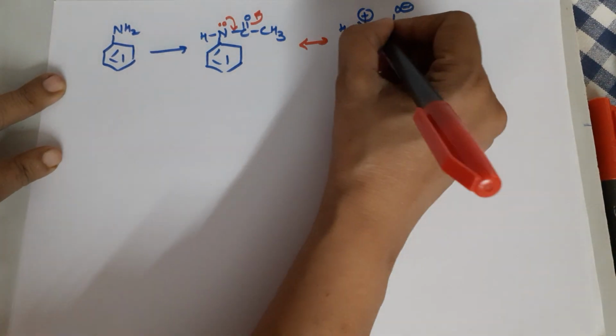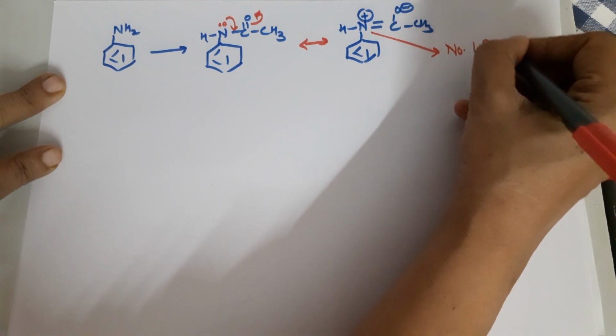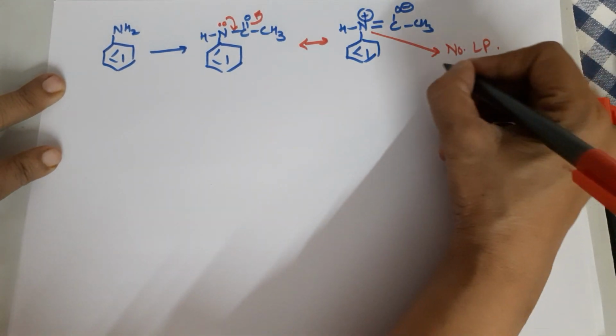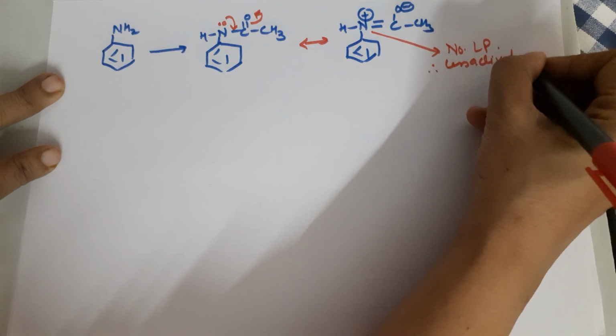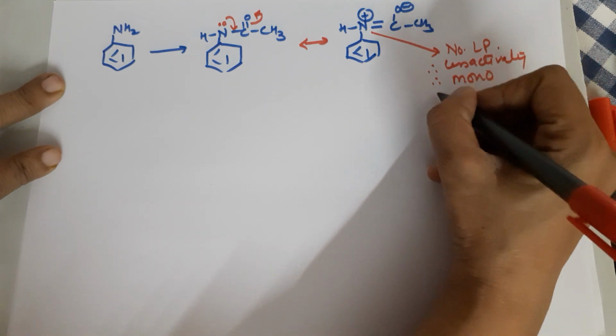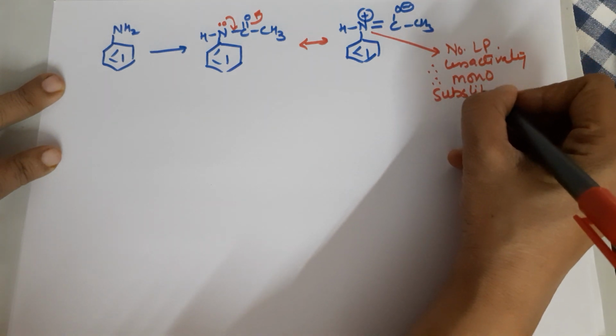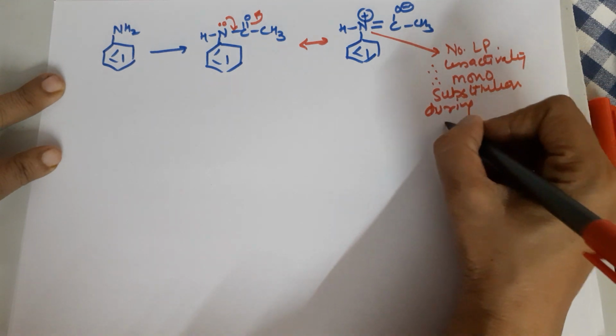Now under these circumstances, the nitrogen has no lone pair, the lone pair is used in resonance, therefore this becomes less activating, therefore only mono substitution during bromination.